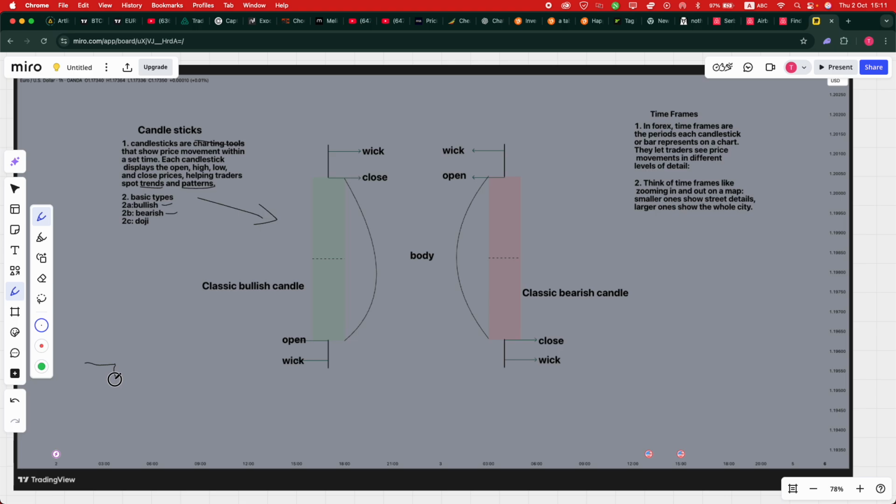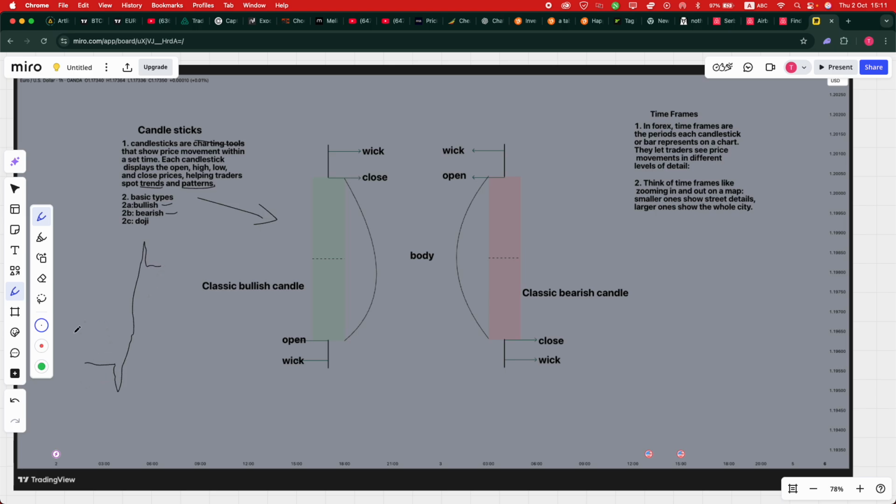Now, this is a classic bullish candle that's being formed. It trades down below and then trades back up higher, comes down a little bit, and then the day closes. The market closes.